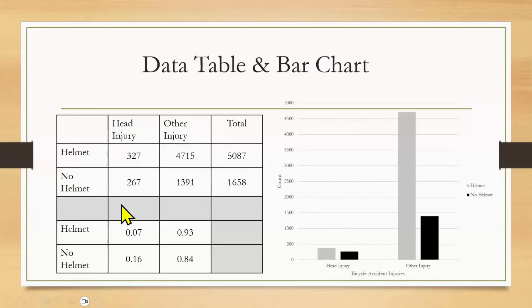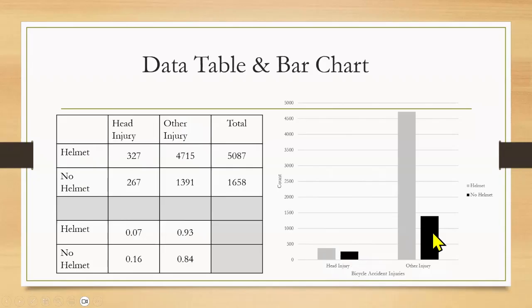Those columns are going to be sort of our response variable, right? So in Excel, it's always going to put this row variable in the legend, and it's going to put the other one on the x-axis. Notice how this makes it easy to compare helmet versus no helmet.